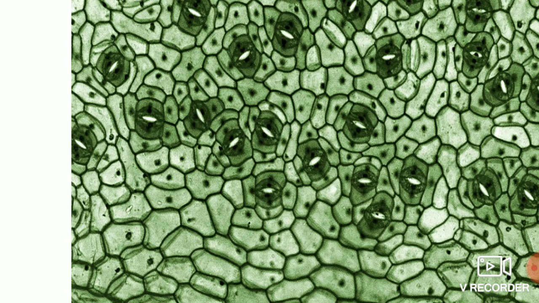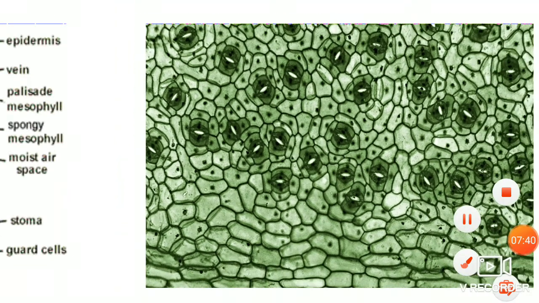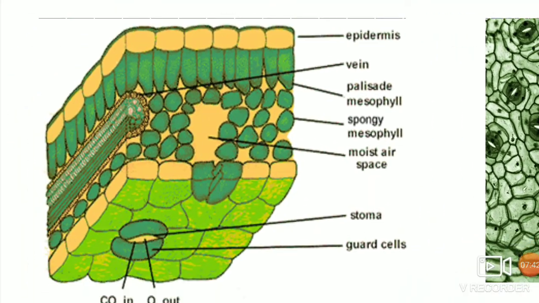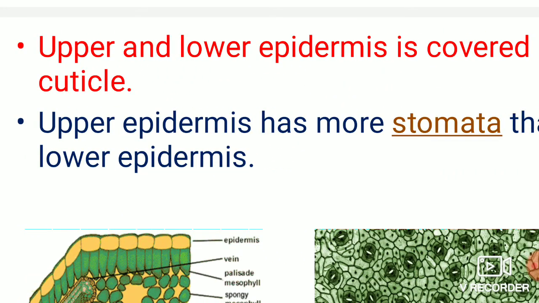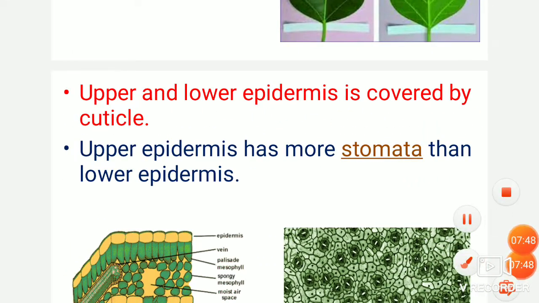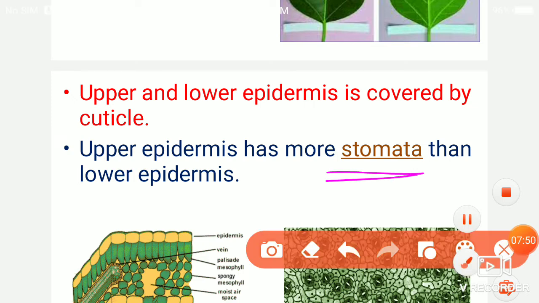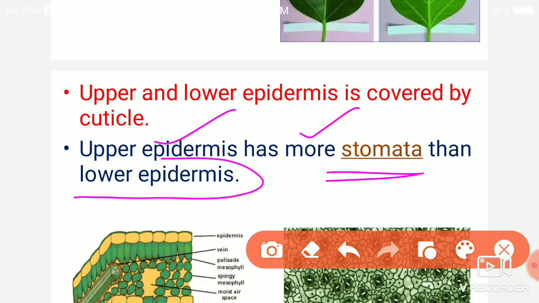So stomata are present less in the upper epidermis and more in the lower epidermis. You can see the stomata which are present here.